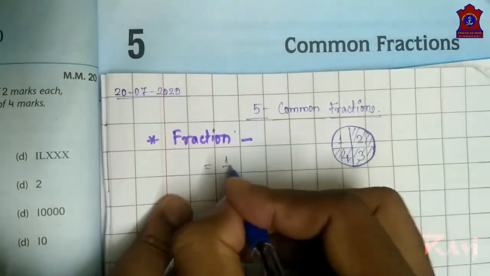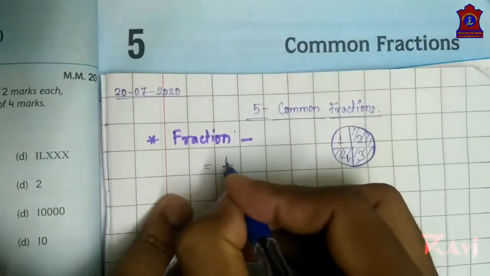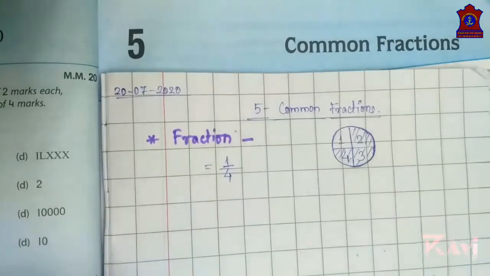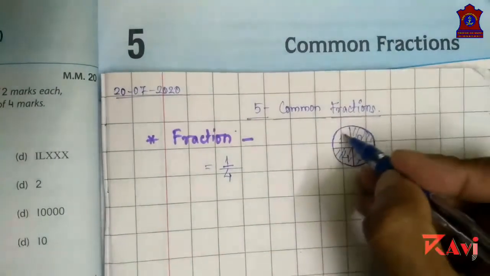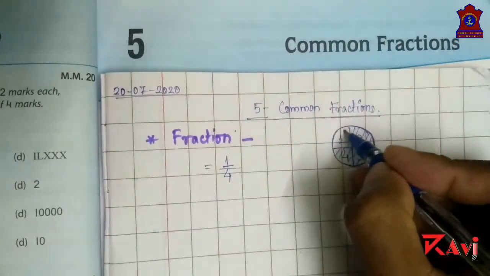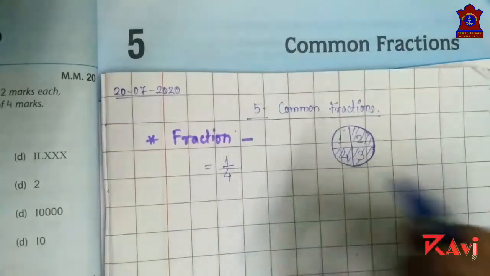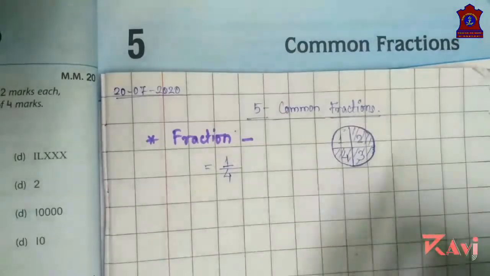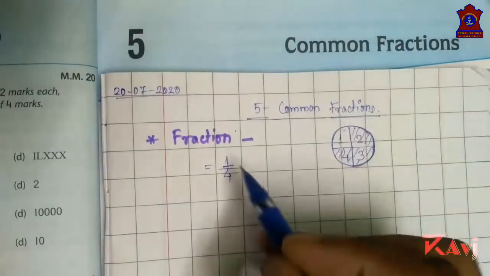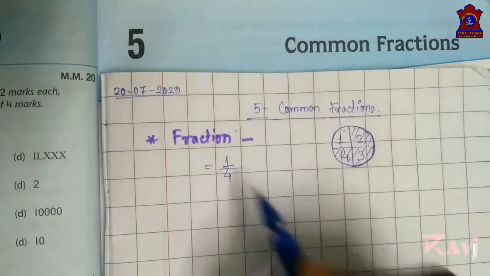It means 1 by 4. Clear? So this is the part of the whole. 1 is a part of the total. Understood or not? So 1 by 4 is a fraction.